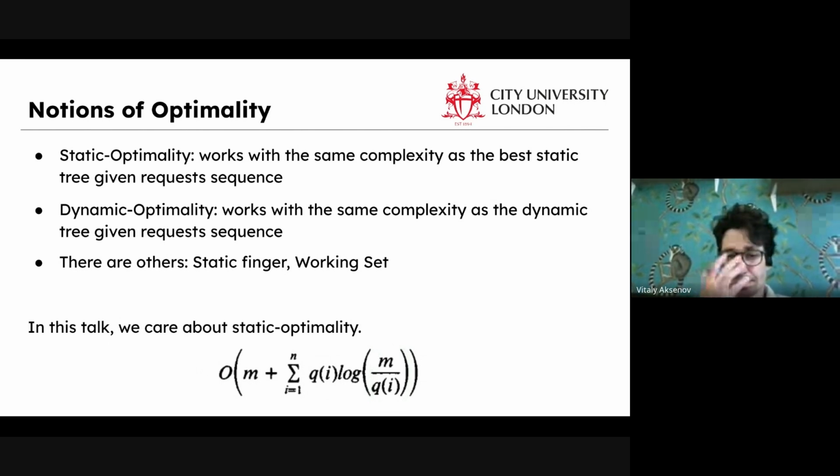From information theory, this is the expected result: the best you can do for an element is the logarithm of the total number of requests divided by the number of requests to that element.